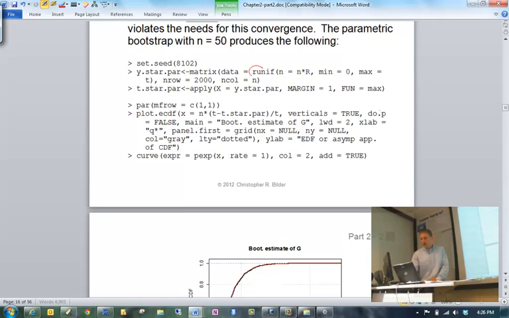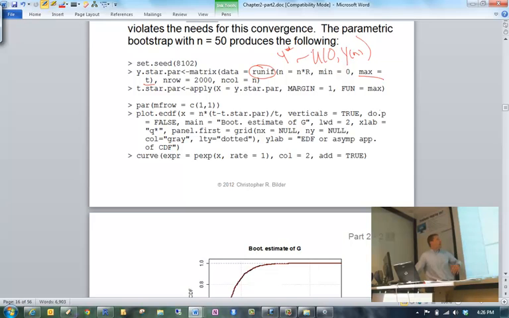Just note that I'm using the runif function to do my resamples. I'm going to get 2,000 resamples, and notice that I'm resampling from basically a uniform 0 to the nth order statistic, Y star distributed that.